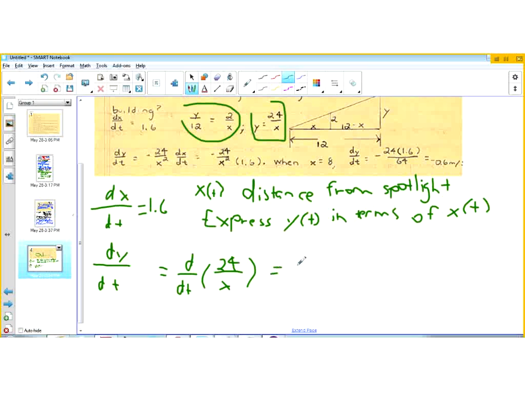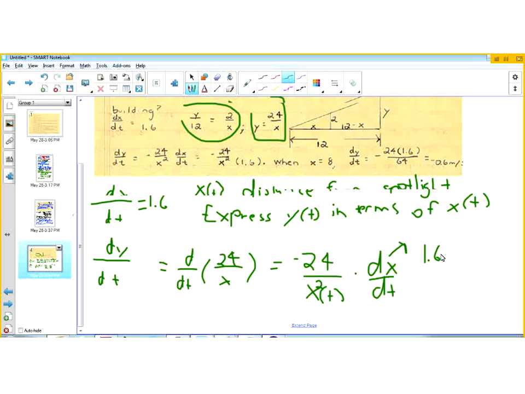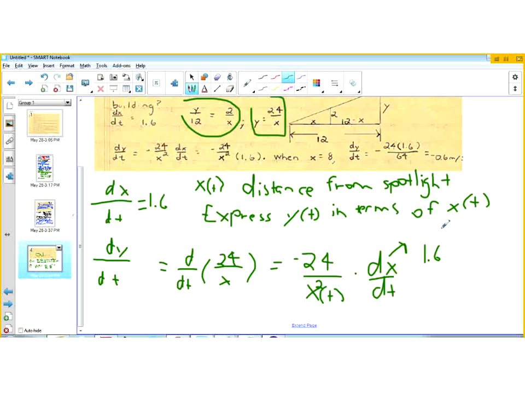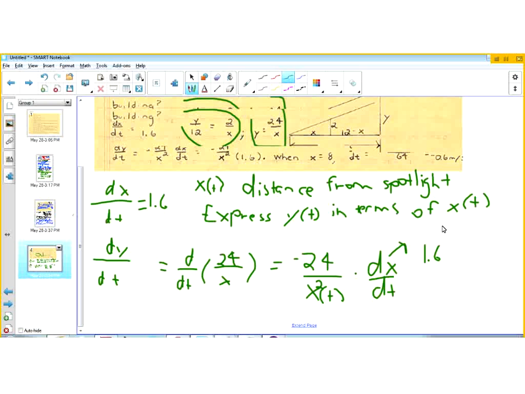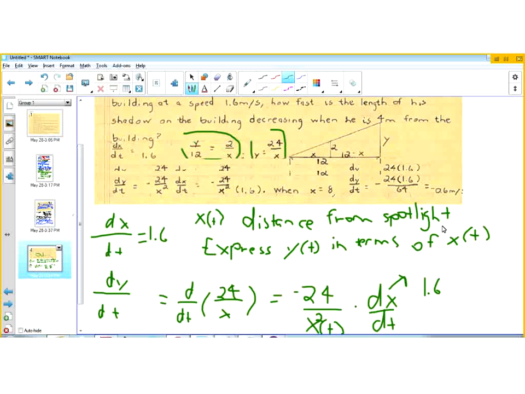When we differentiate this with respect to t, we have to use the chain rule. This would be minus 24 over x of t squared times dx/dt, the change in position with respect to time, which we know to be 1.6 meters per second. So all we need now is a value for x of t.